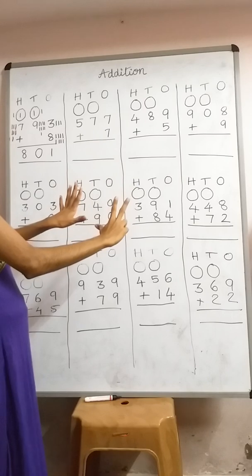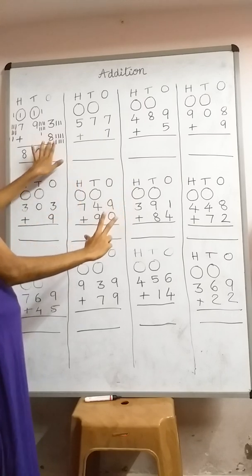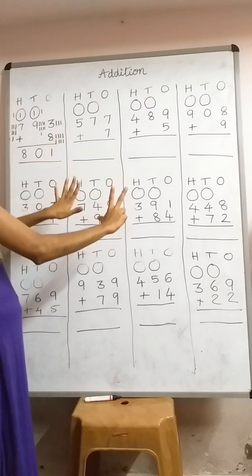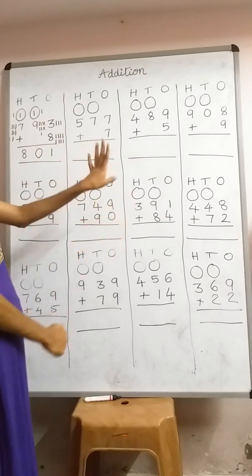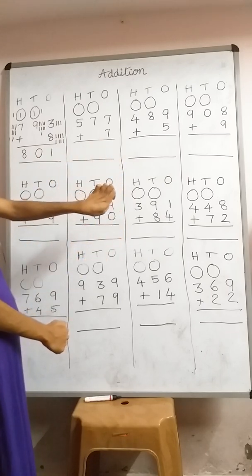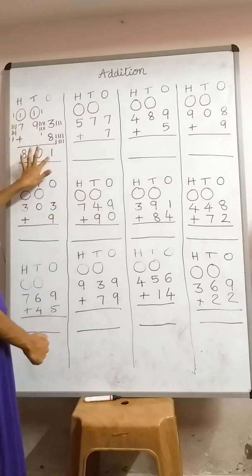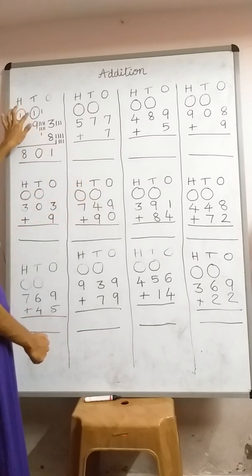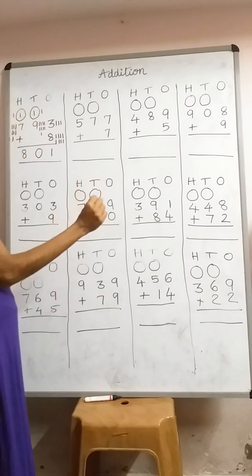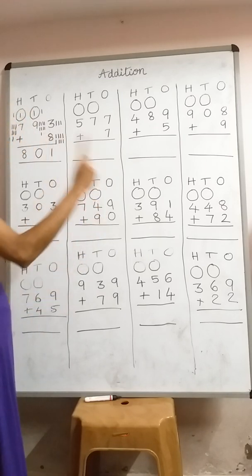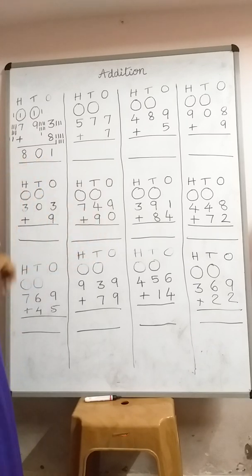Take out your 8 fingers. After 3 continue 4, 5, 6, 7, 8, 9, 10, 11. So see, 11. And 9 plus 1. Take your one finger and say 10. 7 plus 1, 8. See, 801.